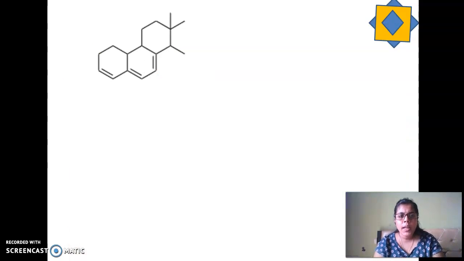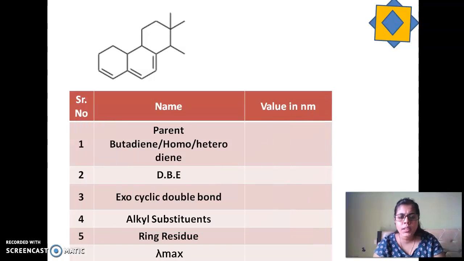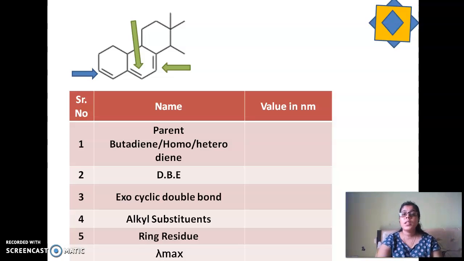Okay, we go ahead. Again a similar kind of sum. Both hetero and homo coexist, but I go for homo and take one as DBE, correct. Do I have an exo? Yes, I have one exocyclic for A ring and I have another exocyclic for C ring, correct. So I have plus 10. Now alkyl substituents, no alkyl substituents because they are not to the parent. However, I have ring residues.